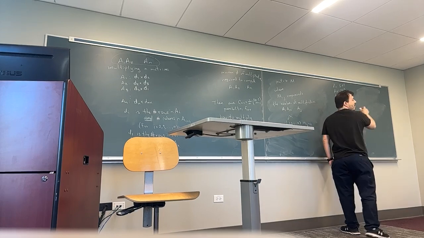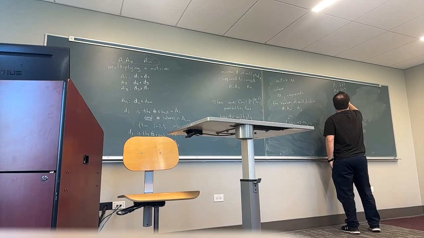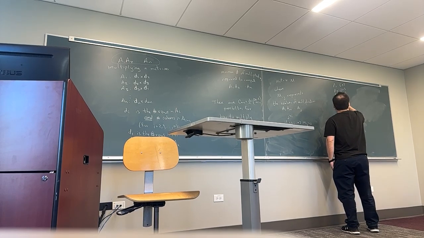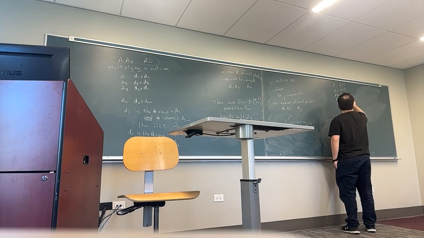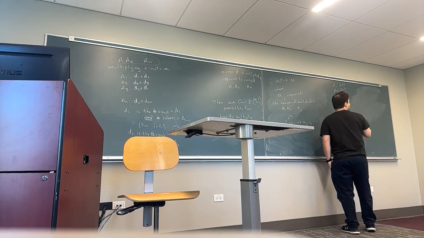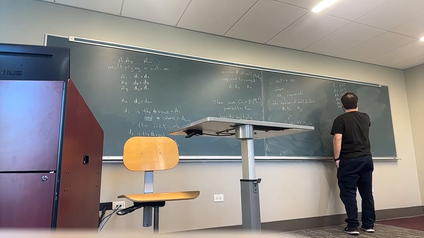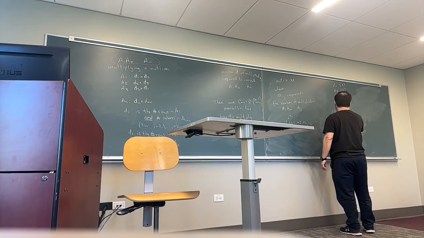A3 is 3 by 4. A4 is 4 by 6. A5 is 6 by 7. A6 is 7 by 8. So we're trying to build this matrix. It's going to have 36 entries.